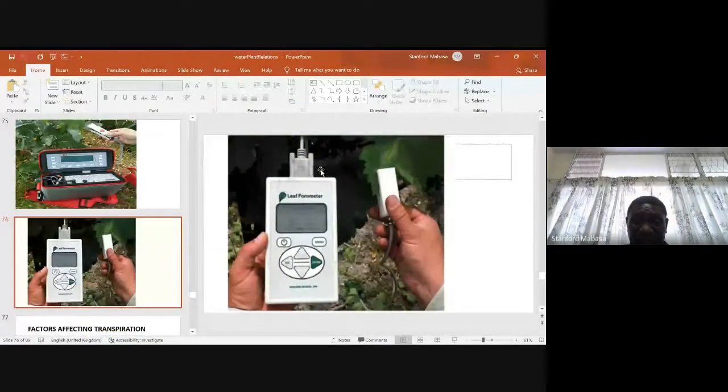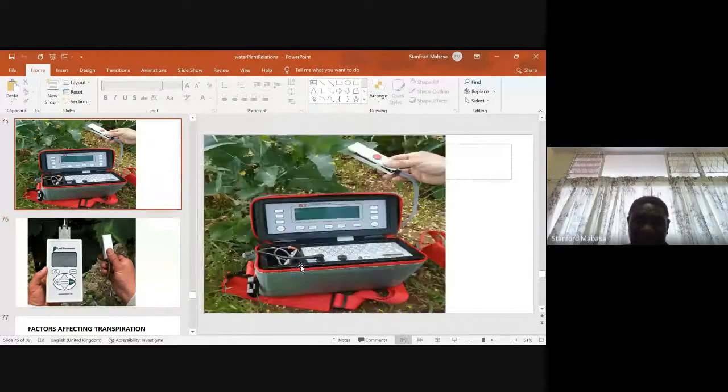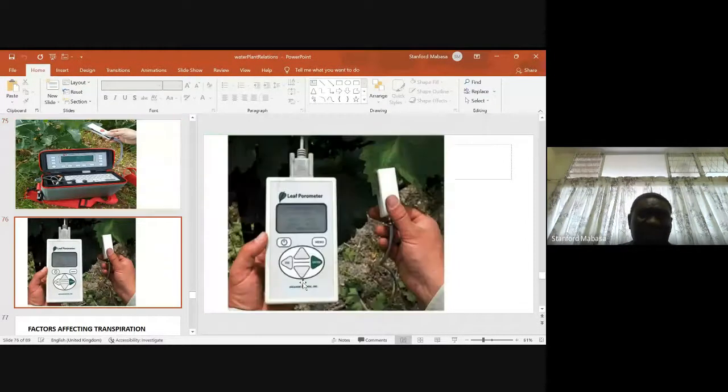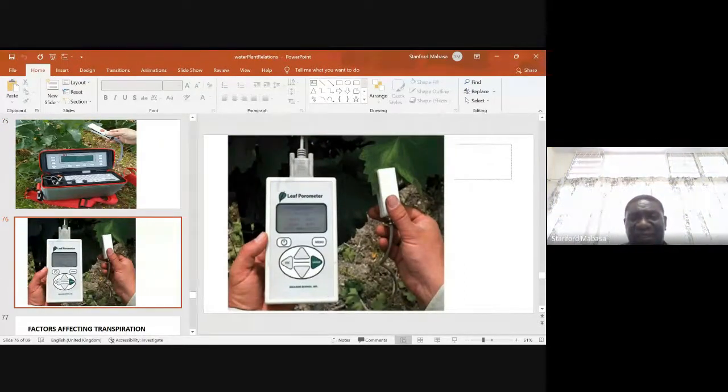Nowadays, we have portable porometers. This is a big machine, quite heavy. But because of advancement in science, we now have smaller ones, and these are easy to use. This looks like a peg, a clip.